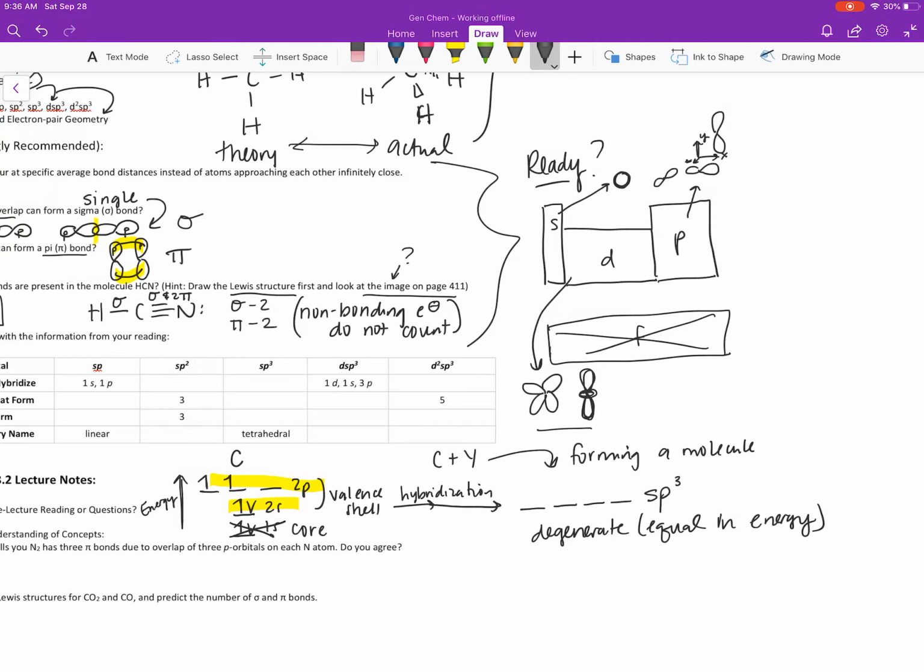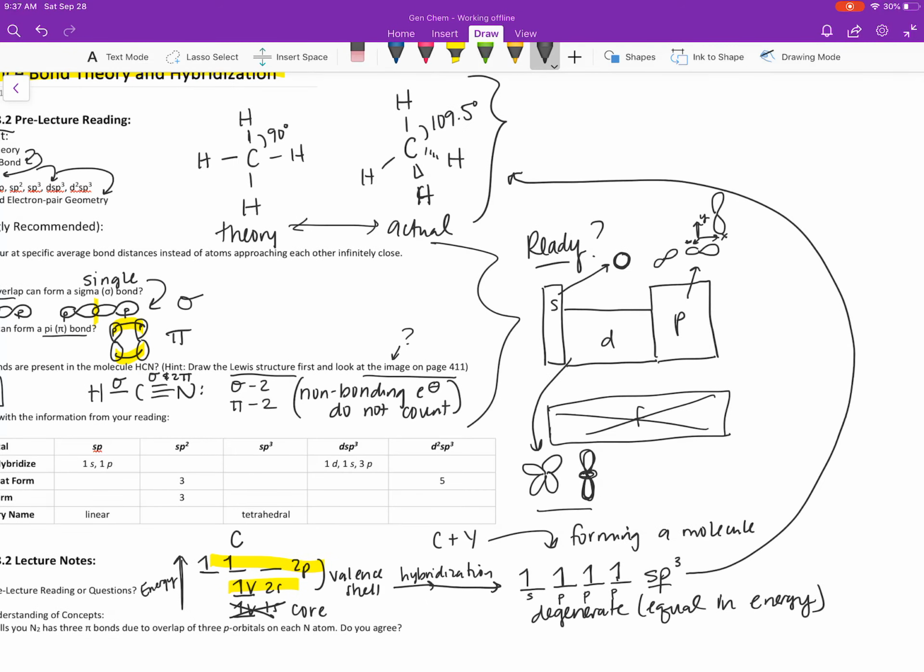So what that means about our 4 valence electrons is they're no longer filled the same way they were, where 2 are in the 2s and 2 are in the 2p. Instead, 1 is distributed to all 4 of the sp3 hybridized orbitals, s, p1, p2, p3. And now this is where the actual structure is predicted from.